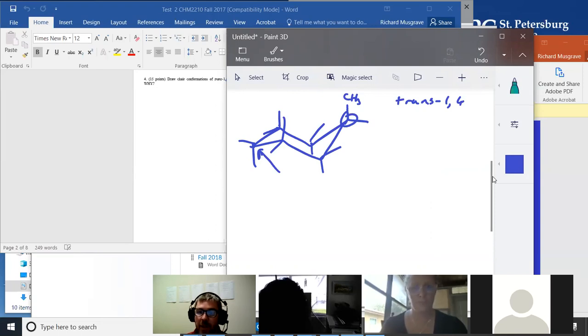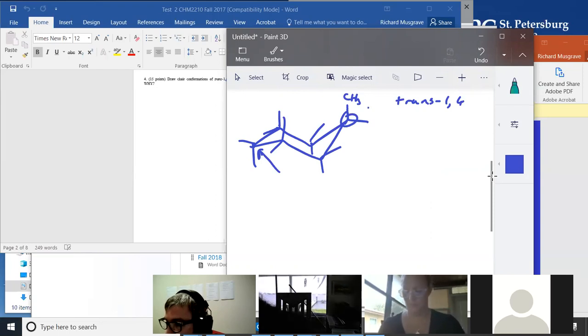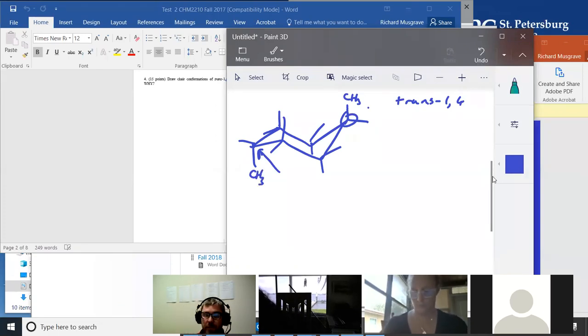Now it has to be trans, and trans simply means one has to be up and one has to be down. Now that methyl group on this end here that's circled is pointing upwards, and the one on the arrow that points downwards would be this one. So there's your trans 1,4 there. Does anybody have any questions?